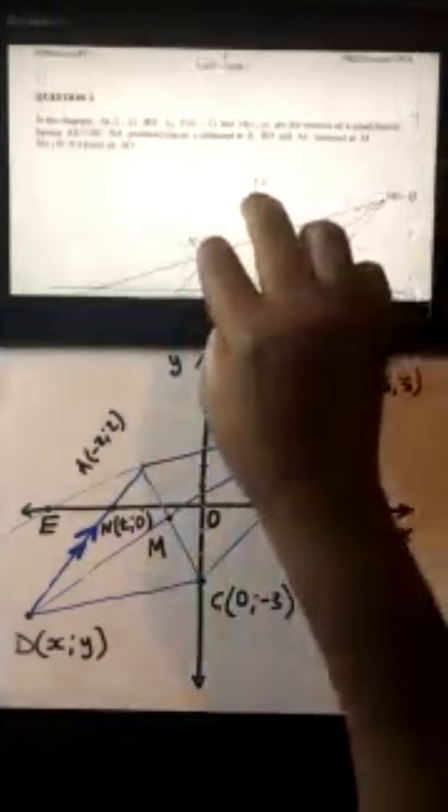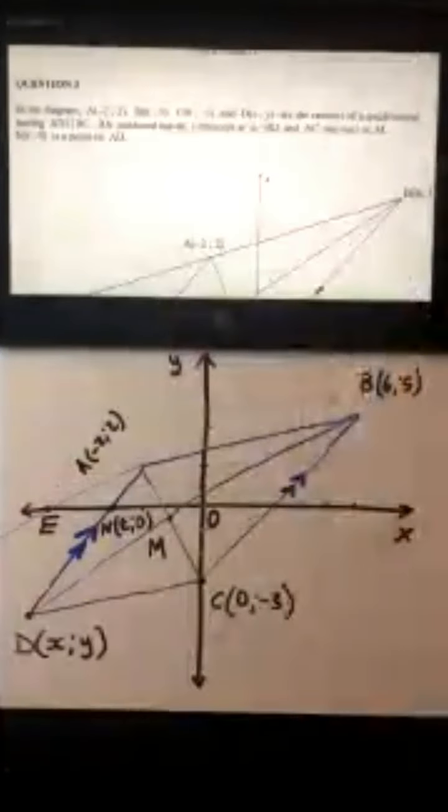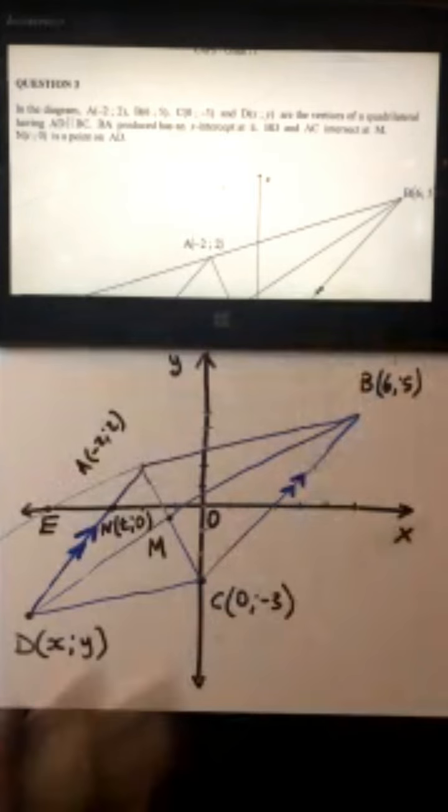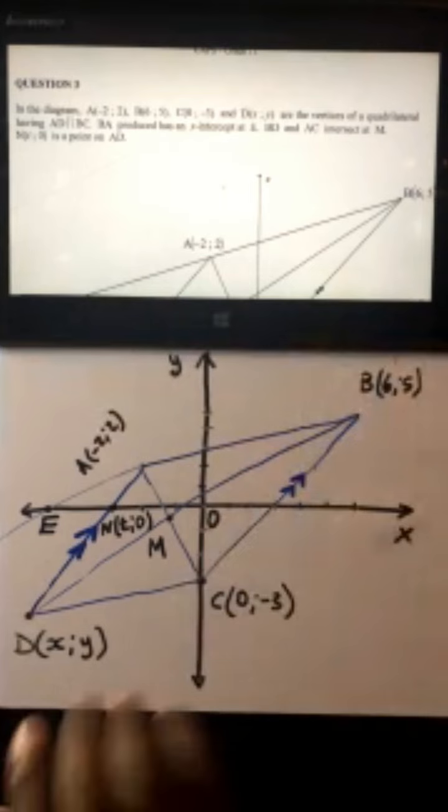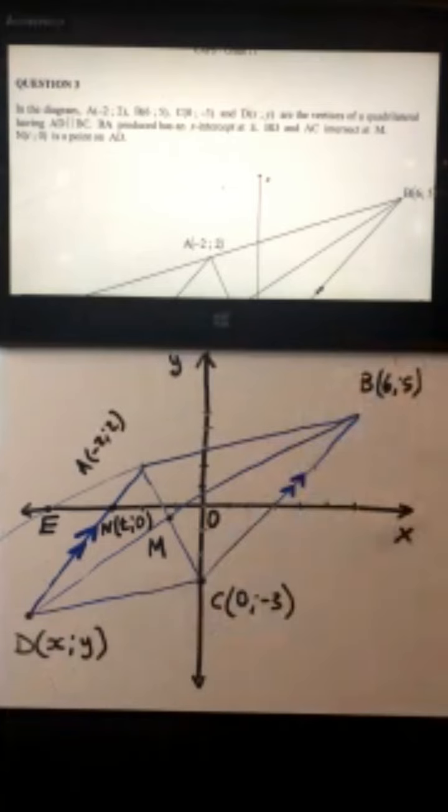So now what I'm going to quickly do is to read through that given statement. Ladies and gentlemen, why do I need to read through that statement after redrawing that diagram? It's because I need to confirm if I've got any additional information in relation to this diagram, which is not represented on this diagram.